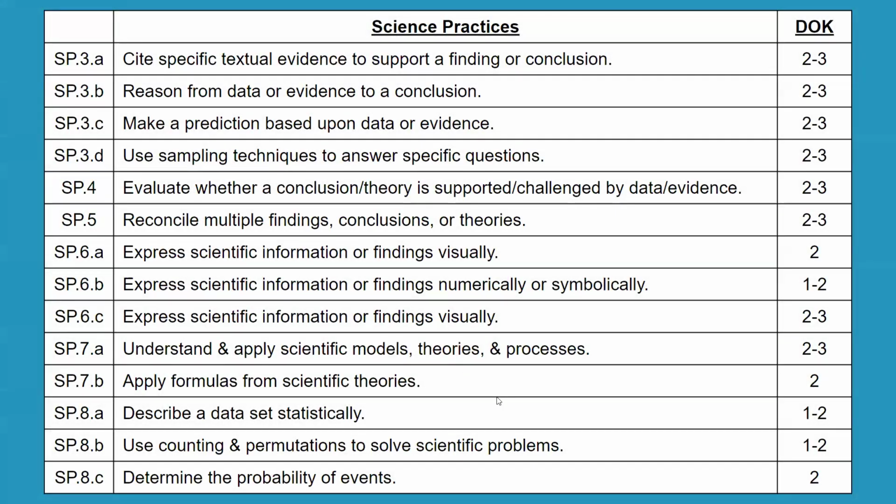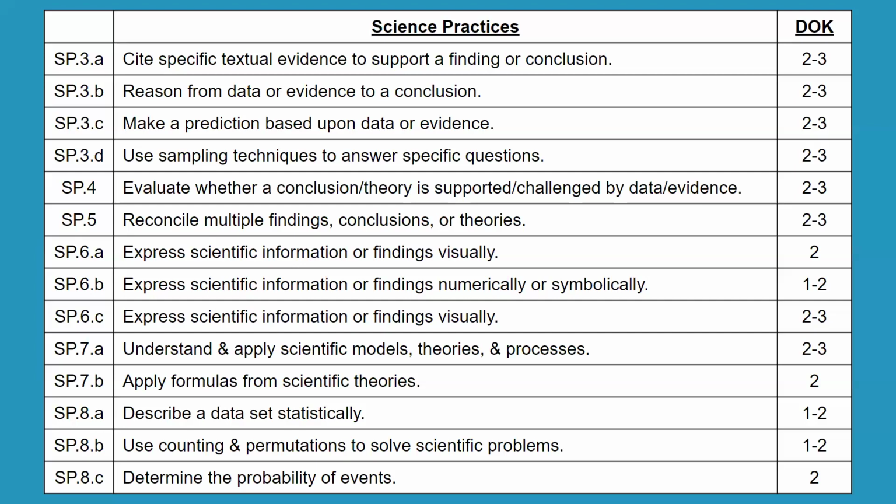And so these are just some of these science practices. These are these skills. A lot of them have overlap with the reading test, and some of them have overlap with the math test as well. But this is finding evidence to support a conclusion, or reasoning from data, or using those graphs, our favorite counting, and combinations and permutations and probability.